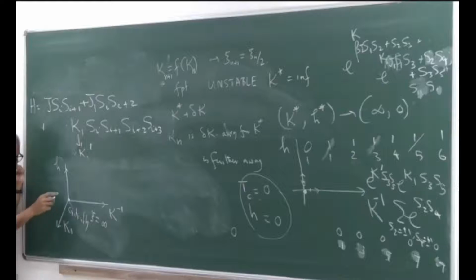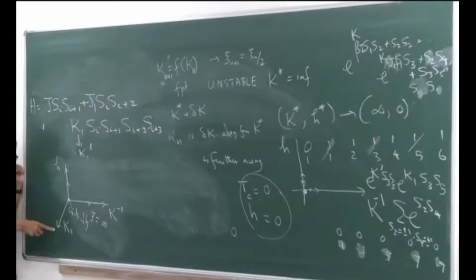So if I start out here, I have to go away, because the process of this is to make the system more and more, I mean, decrease the correlation length in terms of the lattice spacing, and I go away along this. And similarly over here, I would have to go away.